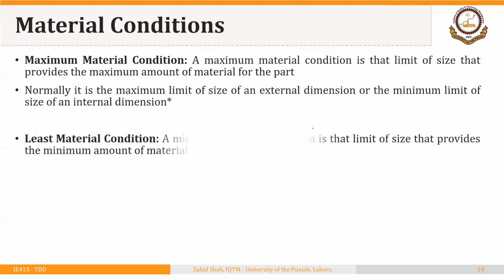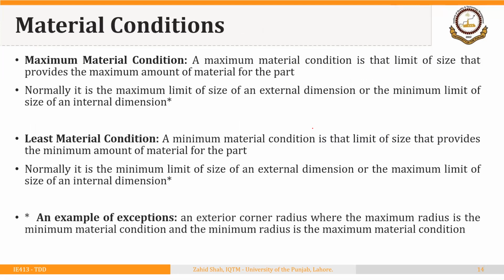And finally, another important concept related to the concept of limits and tolerance is material conditions. So we have maximum material condition. A maximum material condition is that limit of size that provides the maximum amount of material for the part. Normally, it is the maximum limit of size of an external dimension and minimum limit of size of an internal dimension. And we will see an example on the next slide.